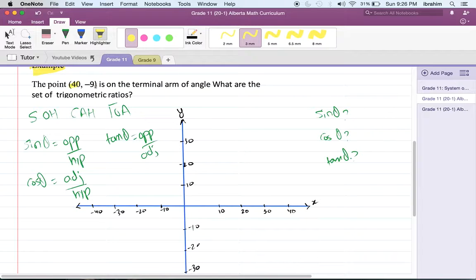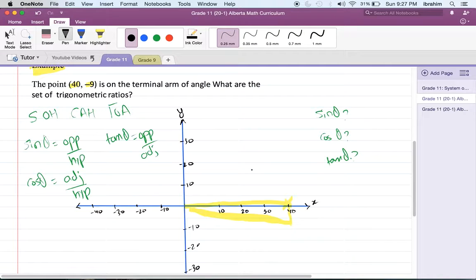So this is my x value and this is my y value. So x is 40, which is going to be somewhere around here, so right at this point. And then -9, obviously it's going to be downwards, so it's going to be somewhere along this point, right? So this is what my triangle is going to look like. Again, it's not a perfect line, but I hope you guys get the idea.